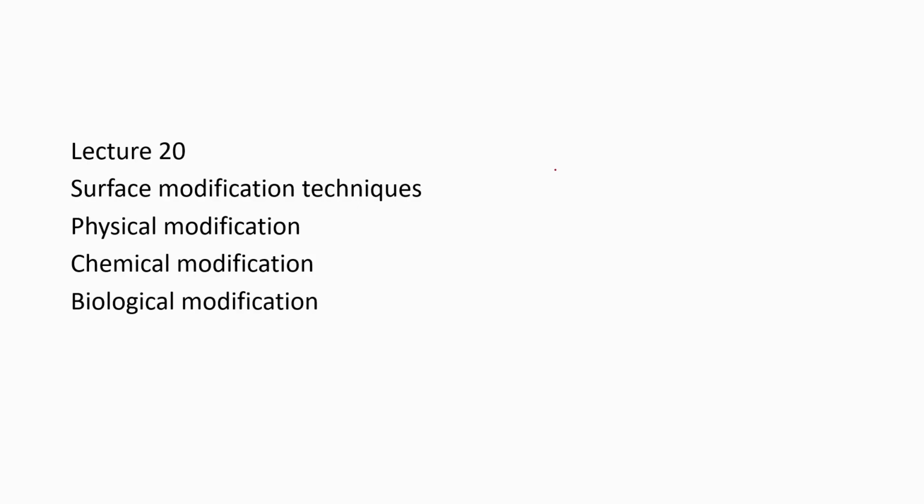Now in lecture 20, different surface modification techniques were discussed. They can be broadly classified into physical modification, chemical modification, or biological modification. So the physical modification basically uses plasma or laser.